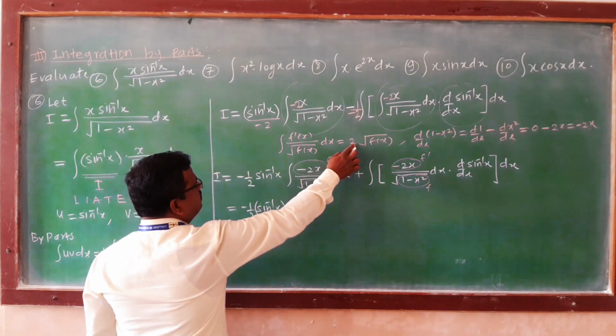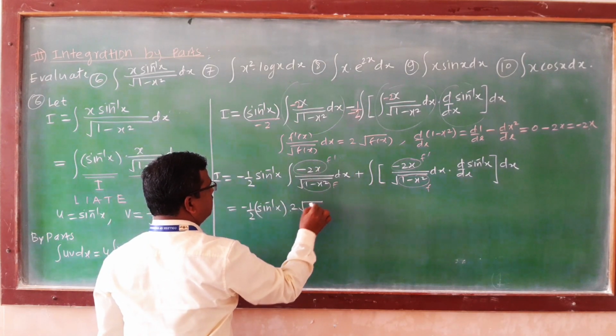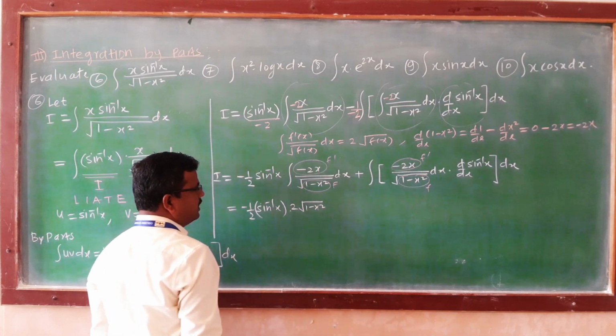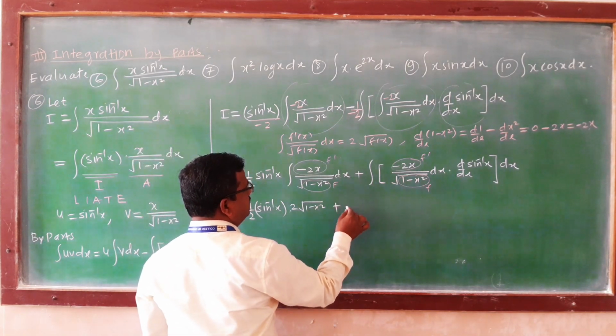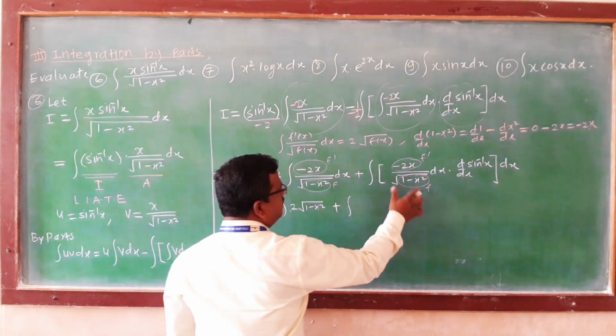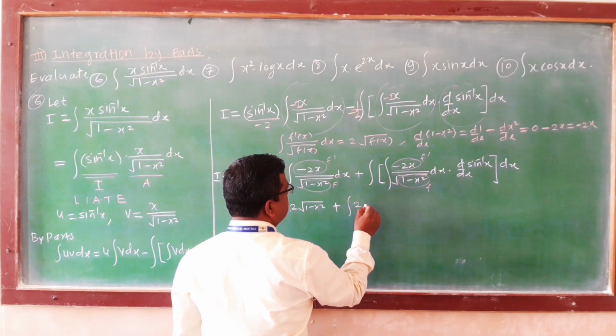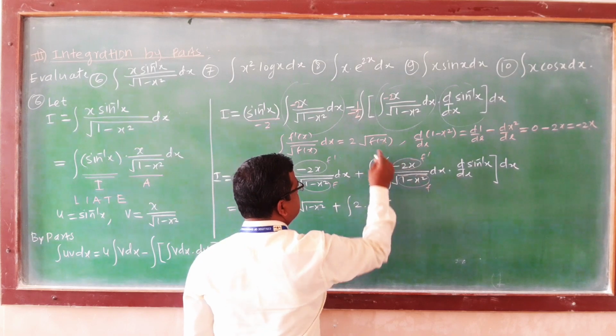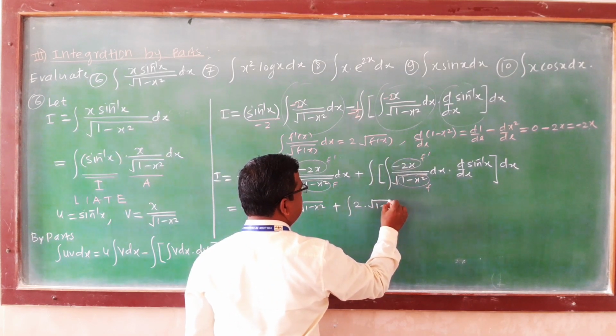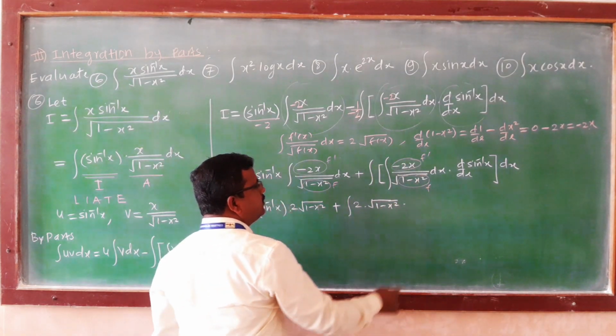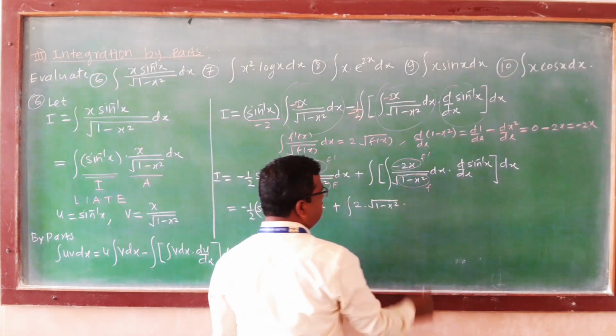This integration is 2 times square root of 1 minus x square plus integration, the value of this integration is 2 times root of f of x, that is 2 times root of 1 minus x square, into derivative d by dx of sin inverse x.